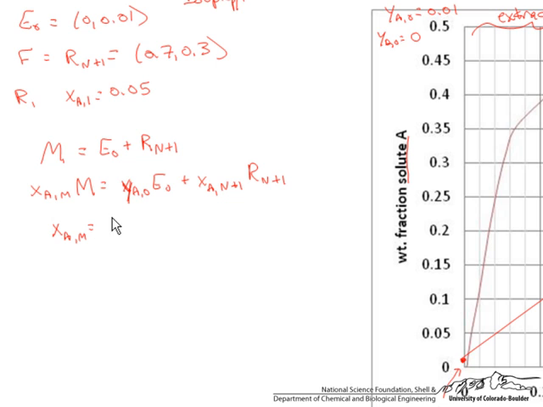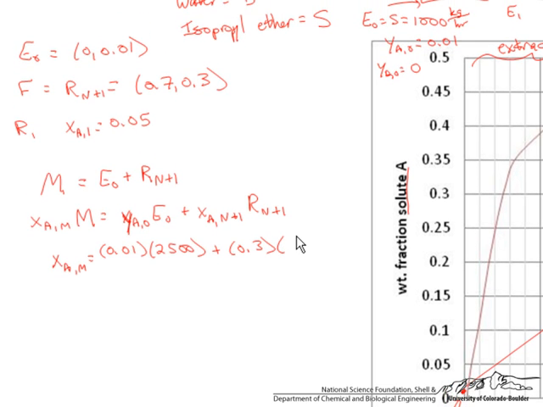XAM equals YA naught, which is 0.01, times E naught, which is 2500, plus XA n plus 1, which is 0.3, that's the amount of solute going in the feed, times the feed, Rn plus 1, which is 1000.